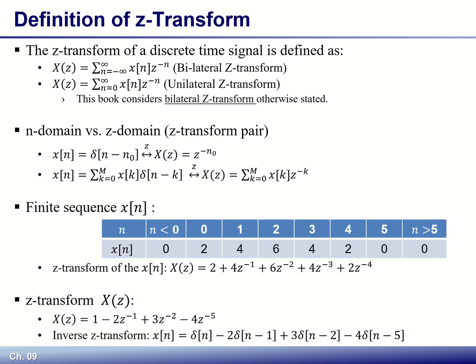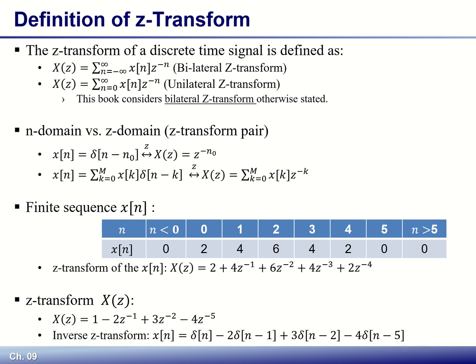The definition of Z transform of a discrete time signal is the summation of x[n] z to the minus n, from minus infinity to infinity with respect to n.